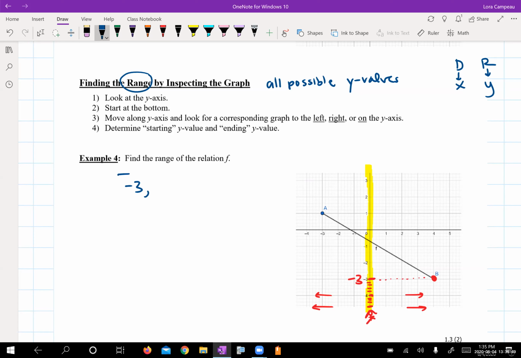And we can use a bracket because there's a clear x value, no holes or asymptotes or anything like that. So keep traveling, and inspect what's happening. We keep moving upwards, and notice for these particular y values, at y equals -2, we have a corresponding x value to the right of us, or picture. That's what I always like to call it.